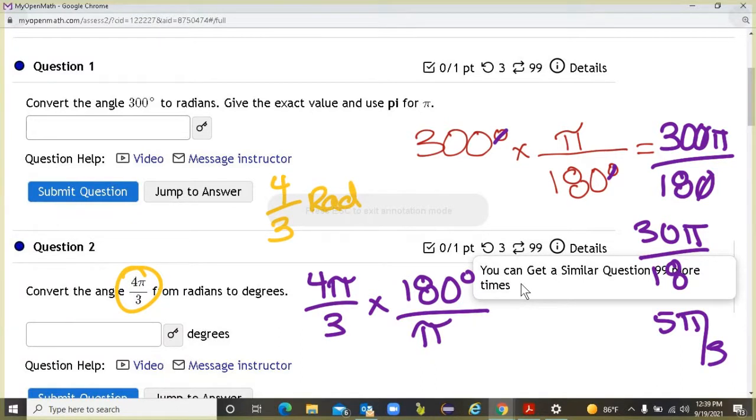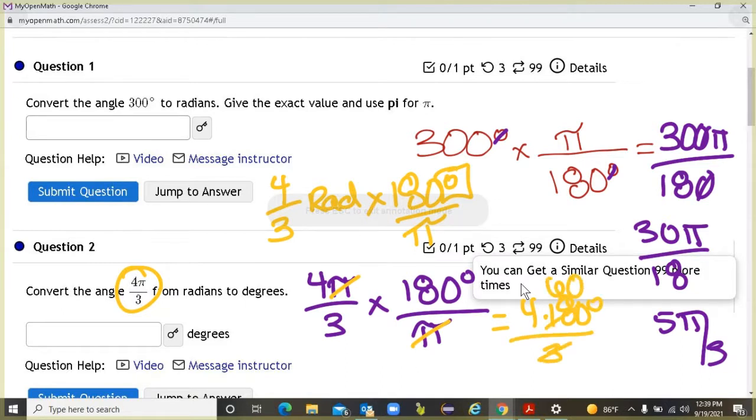So you can't just think about the pi's here. You would still multiply that by 180 degrees over pi. So it's really about introducing that degree. So anyway, back to this. So now we've got 4 times 180 degrees over 3. Let's see, 3 goes into that 60 times, 6 times 4, so that's 240 degrees.